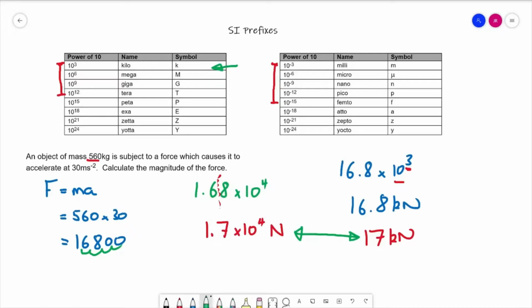Personally, I always lean towards the SI prefix version rather than the standard form version. But at the same time, I know plenty of people who would rather do the standard form version. And as I said, when it comes to exams, when it comes to expressing yourself in physics, there's absolutely no preference. Either one of those will do, and either one of those will be accepted.